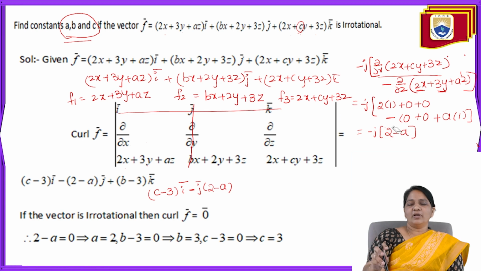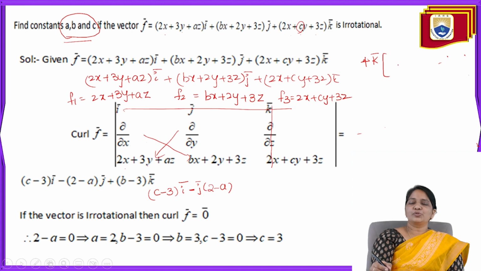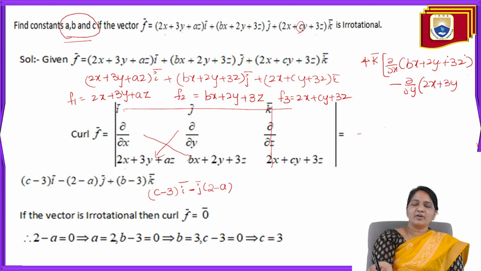Next, the third value. Now, plus k bar. When I'm doing k here, I need to do the cross product for these two values. ∂/∂x of bx plus 2y plus 3z, minus ∂/∂y of 2x plus 3y plus az.